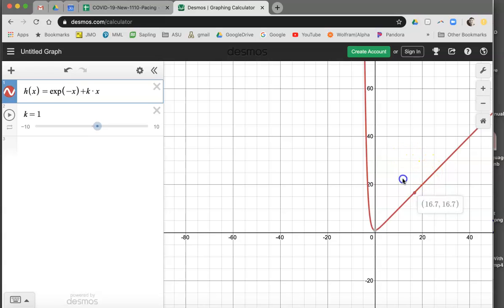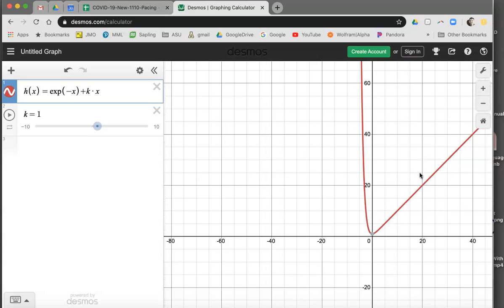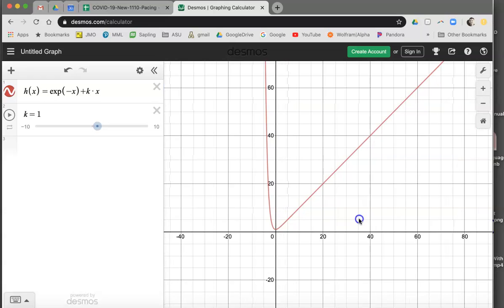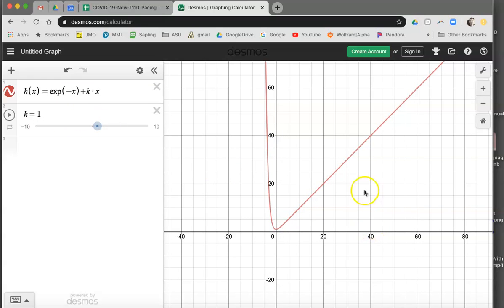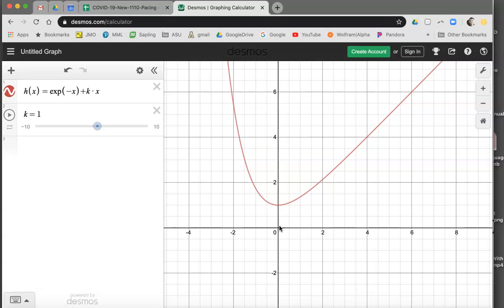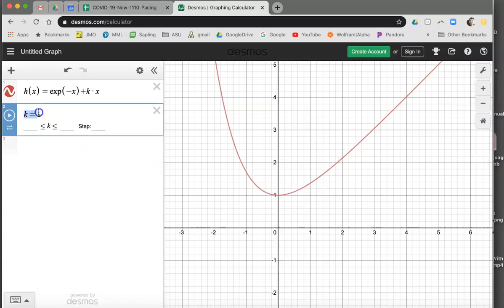We can take a look at what this function is telling us. Again, when k was equal to 1, we had a critical number at 0. That's what we can see right here.